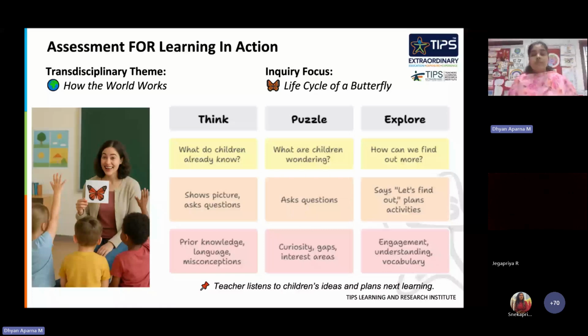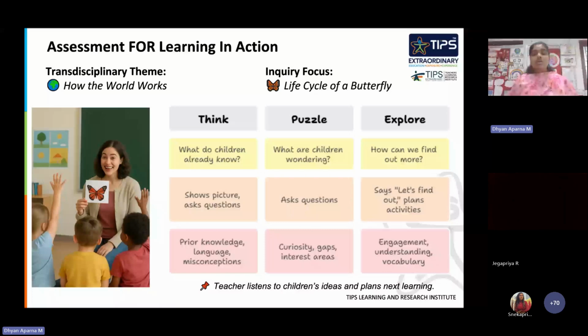So, from their wonderings, we slowly planned the explore part. We narrated The Very Hungry Caterpillar story. I hope we are all familiar with that story. So, with the help of the story, children naturally began to understand where the butterfly comes from, how it grows, and how it changes.